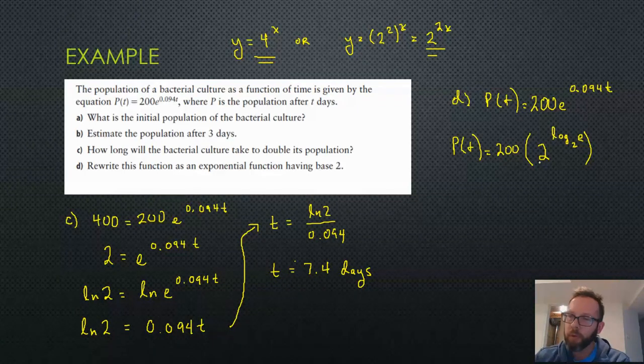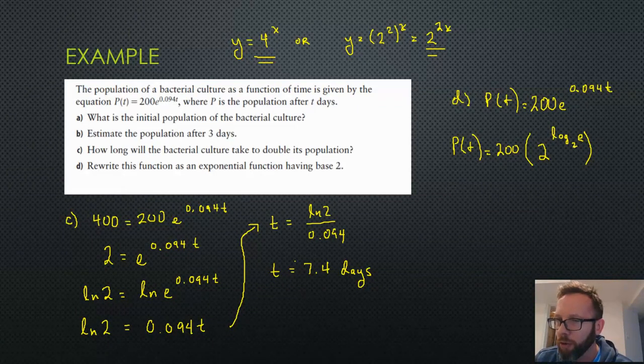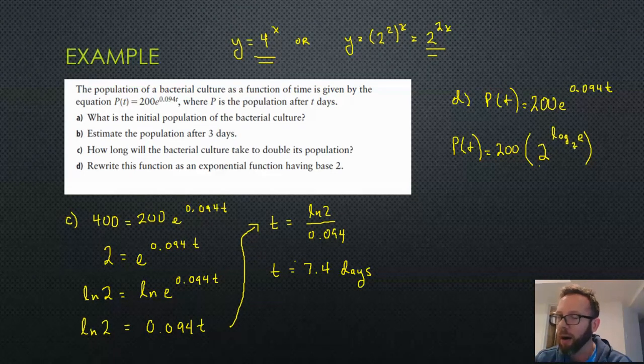So remember, using that property we discussed earlier, log base 2 is saying 2 to what exponent gives me e. Well, 2 to that exponent that the log gives you is equal to e. So this inverse property actually gives you e back again. That does take a little while to get used to, but because 2 to the power of and log base 2 are inverses, we actually get back e.